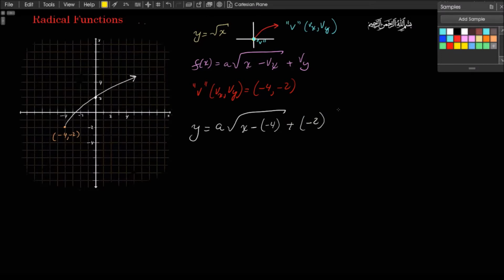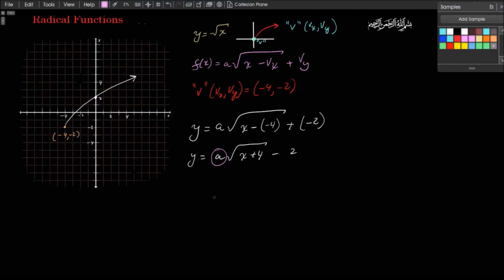Now, do yourself a favor. Be very careful with these negatives, okay? Don't make silly mistakes like x minus 4 or something like that. It's not x minus 4. It's x minus -4, okay? So you can simplify this as y is equal to a times the square root of x plus 4, minus 2. Okay, now that's pretty good, but we don't know what the a is, right?